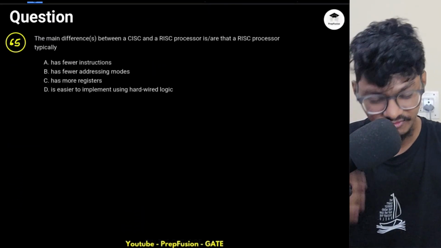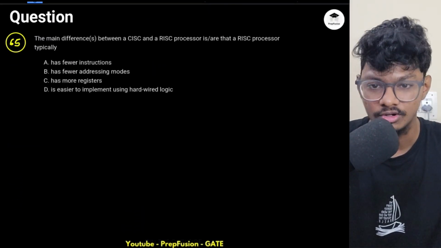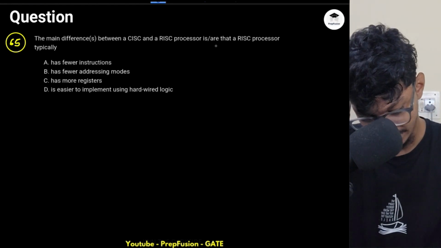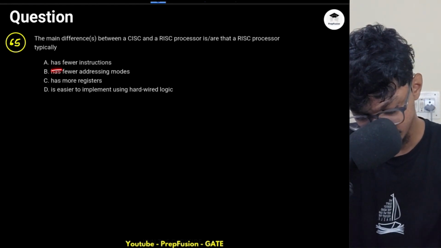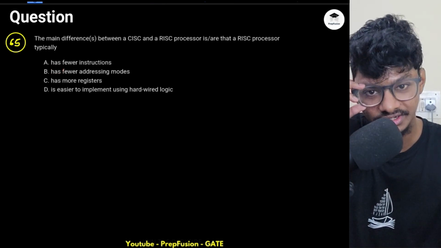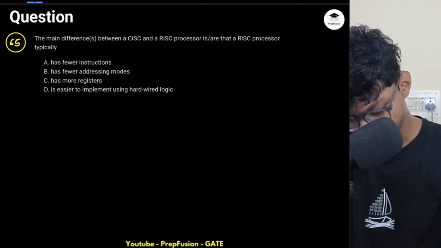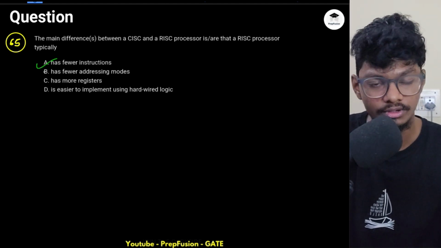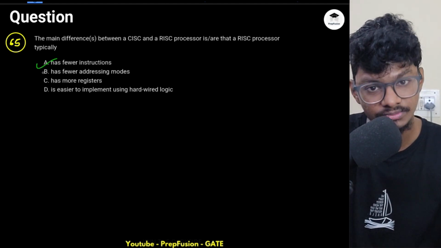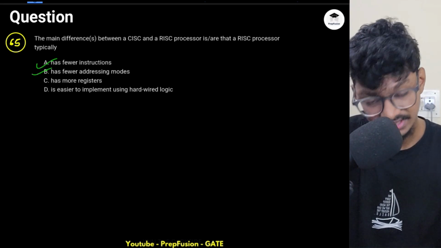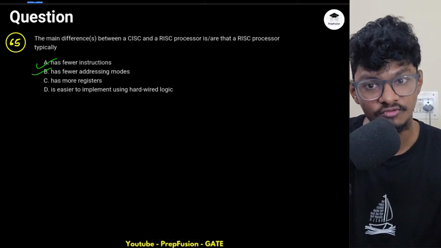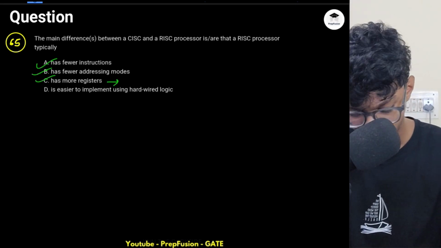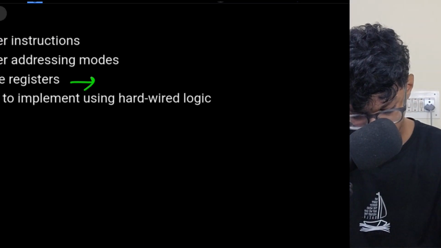So there are a few theoretical questions about CISC and RISC. The main difference between CISC and RISC is that a RISC processor typically has fewer instructions. Yes, the full form is reduced instruction set, so obviously it will have fewer instructions. It has fewer addressing modes, whereas CISC supports complex addressing modes. Has more registers? Yes, it has more registers for faster operation, because mainly we allow only register to register computations.